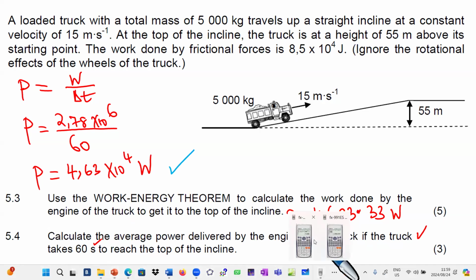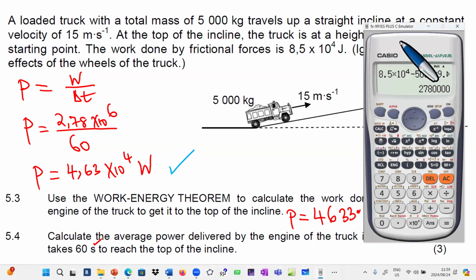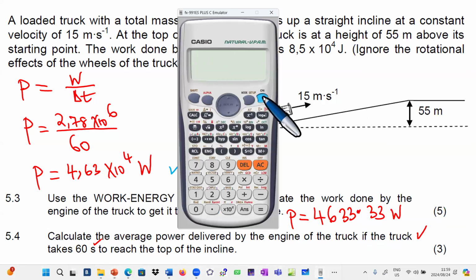For this question, the calculator would be 2.78 times 10 to the 6th power divided by 60.